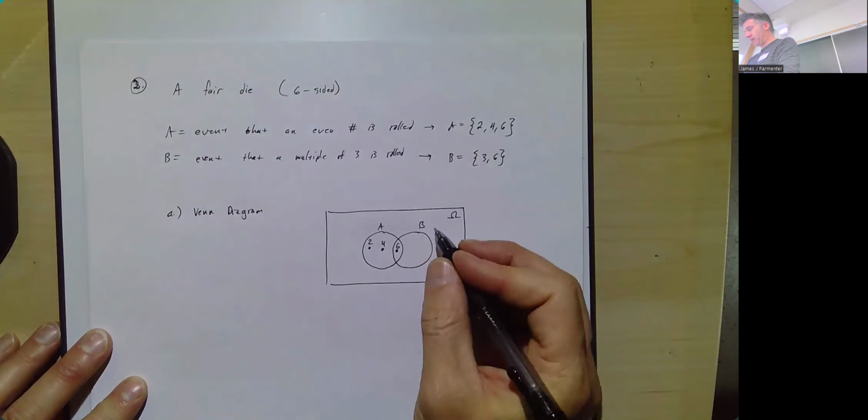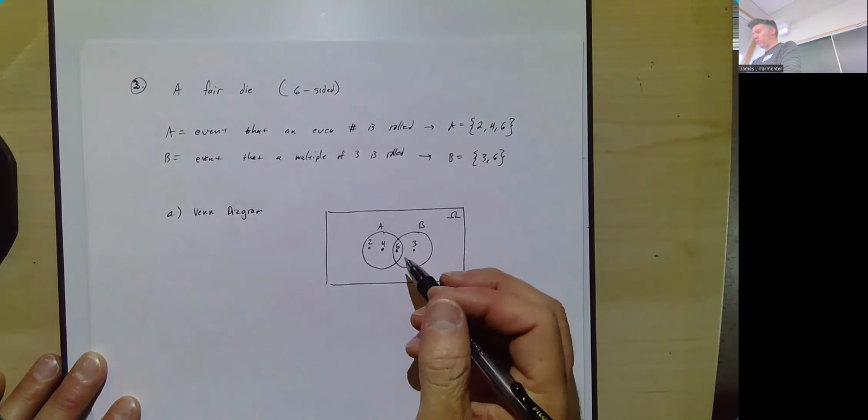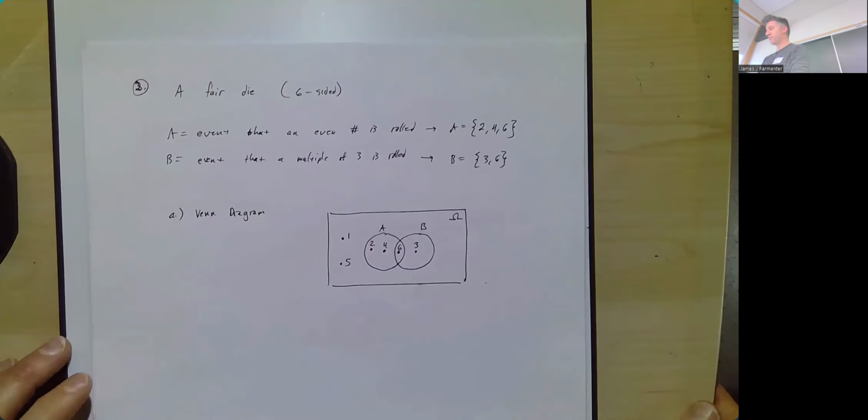And in B, but not in A, is 3. And then not in either of them are 1 and 5. Each event here has an equal probability. Probability of rolling a 1 is 1/6. Probability of rolling a 2 is 1/6. Each die roll has an equal chance of being rolled, which is 1/6.